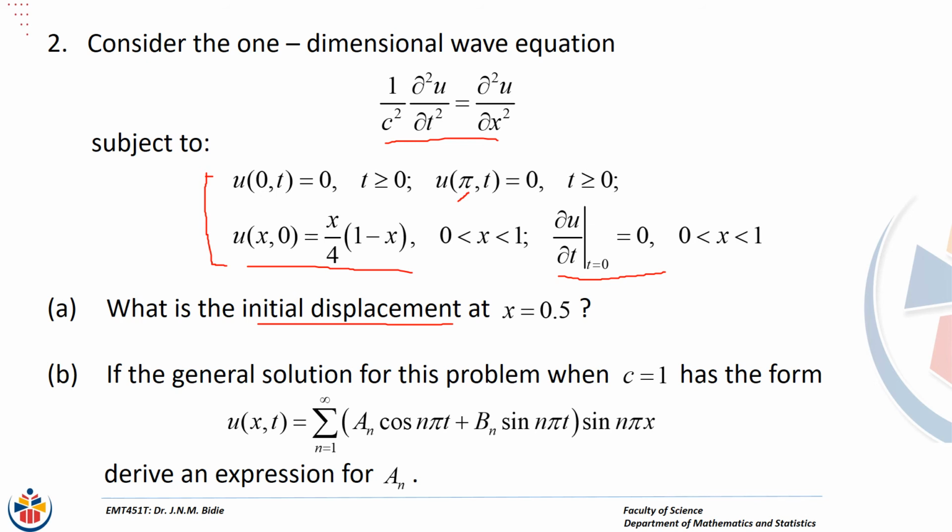Now, here we go to B. C has been given to be equal to 1 in our wave equation, and we've been given that already we have a general solution of that format.